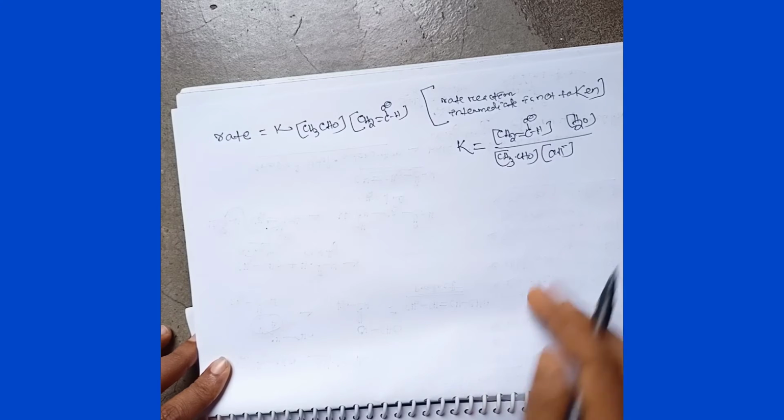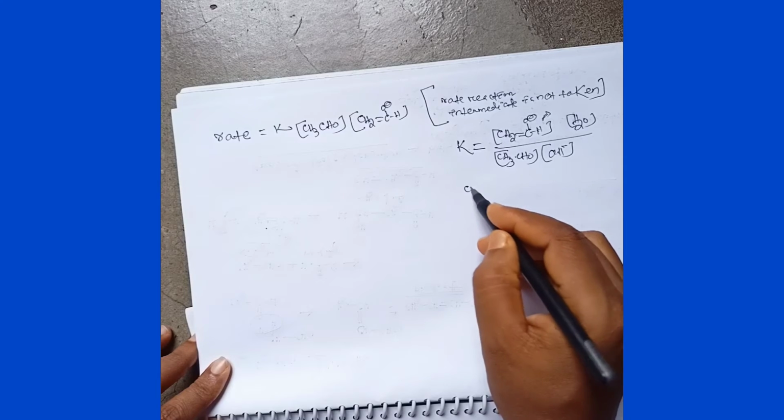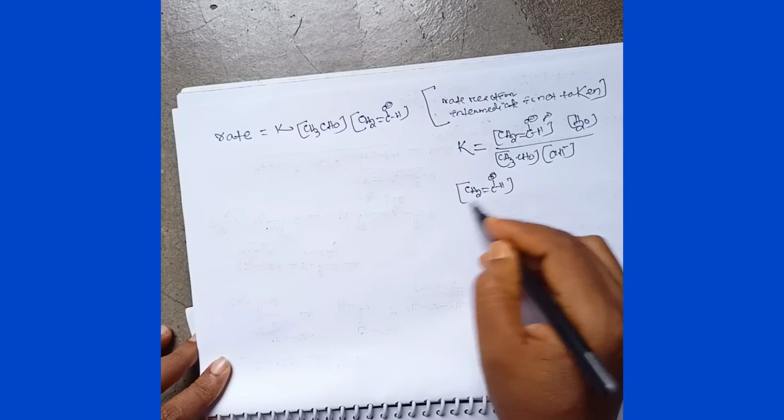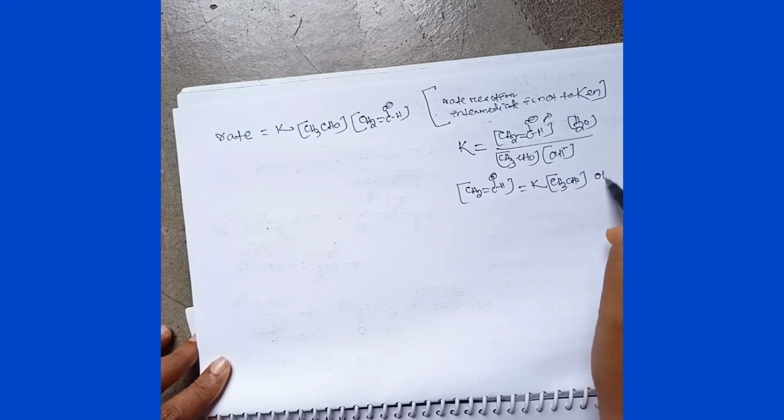From this equation we will take the enolate concentration, equal to K equilibrium times CH3 CHO times OH minus.